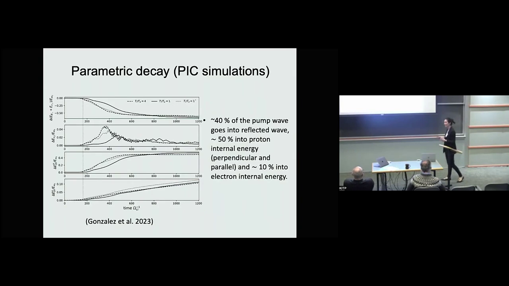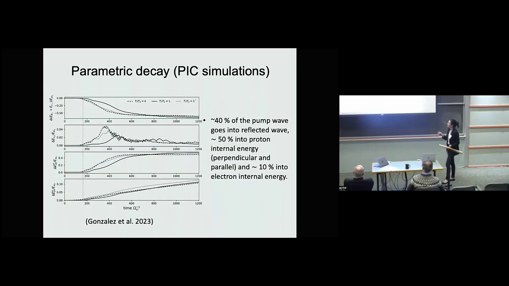Another important aspect is to understand how the energy stored in the wave gets distributed among species. We performed the energy balance analysis, and we assessed that about 40% of the initial pump wave goes into reflected wave, and almost the rest, 50% of it, goes into internal energy.